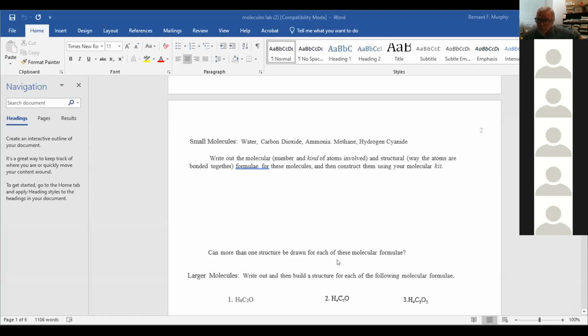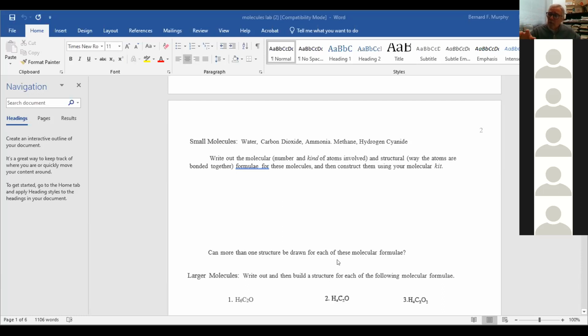Or methane or carbon dioxide? Or is there just this one structural formula for those? Anybody? Just one. There's only one way you can draw water.